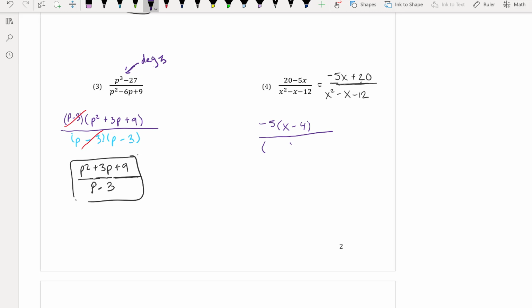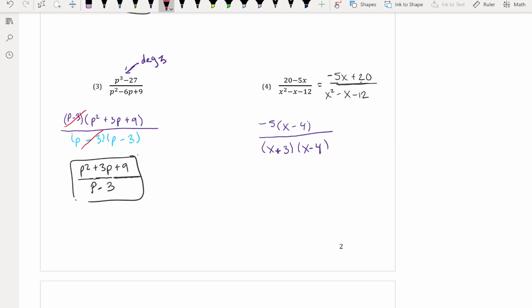And down at the bottom, when I factor this, two numbers that multiply to 12 are 3 and 4. And if I have a negative 4 and a positive 3, it adds up to give me negative 1. And I have positive 3 times negative 4, which is a negative 12.